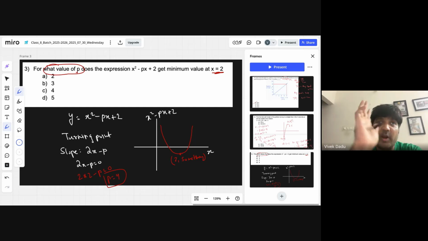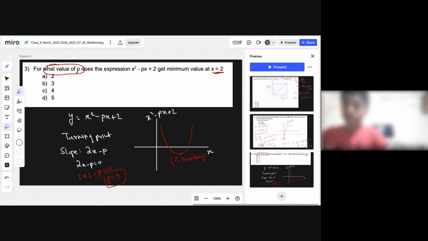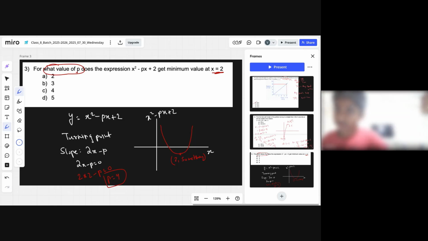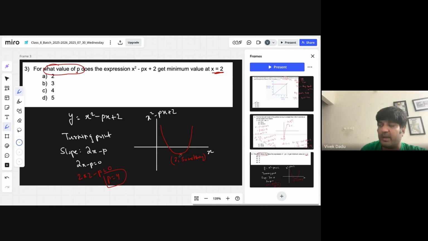So at the minimum point, what should be the value of x? Sir, it should be the turning point. That means the position at x is equal to 2. That should be the minimum point. You are right. But what is the value of x at the minimum point? Sir, a point is made up of two values, x and y. What is the value of x at the minimum point? Sir, 2. So at x equal to 2, you get the minimum point.